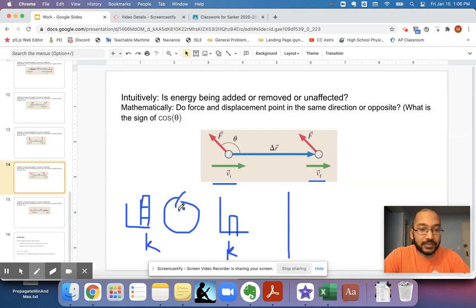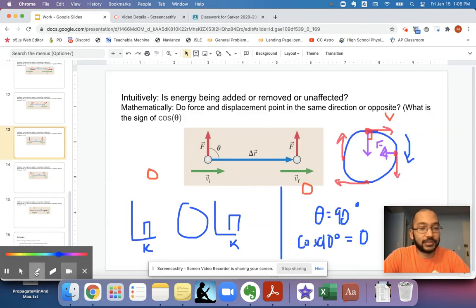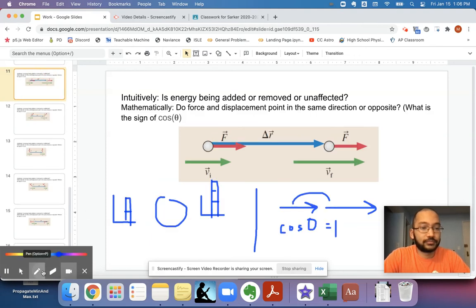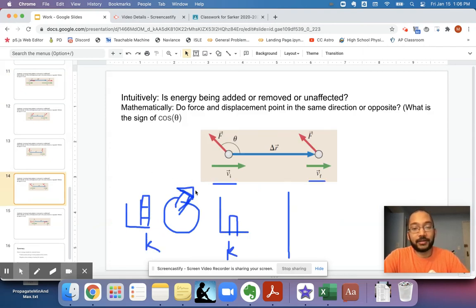Therefore, energy is leaving the system as work. I should have made that clear in the other ones. Here, there is no work, but here, work is being done. I should have shown it on the diagram. Better late than never. Okay, so here, energy is leaving the system. That's what I'm trying to show on the LOL.